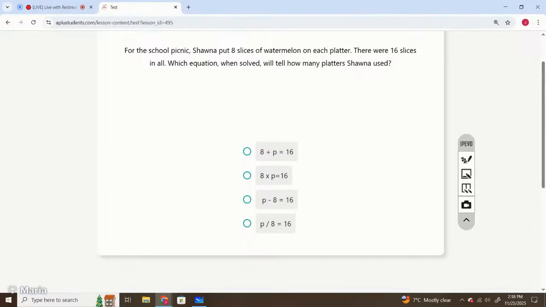For the school picnic, Shauna put 8 slices of watermelon on each platter. There were 16 slices in all. Which equation, when solved, will tell how many platters Shauna used?